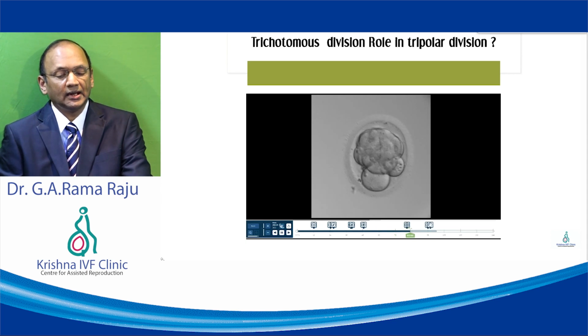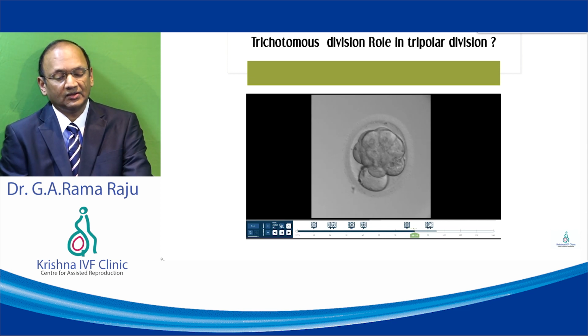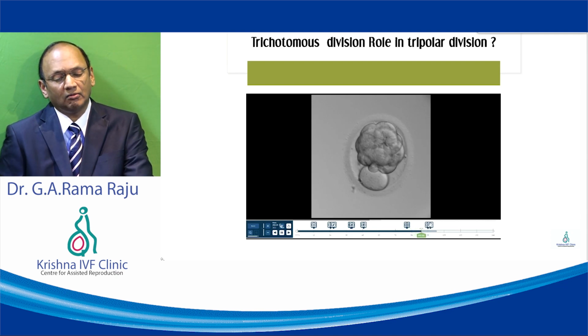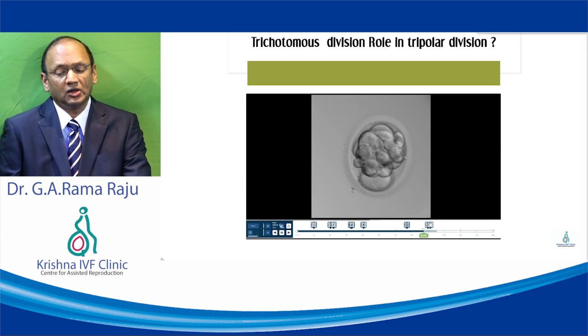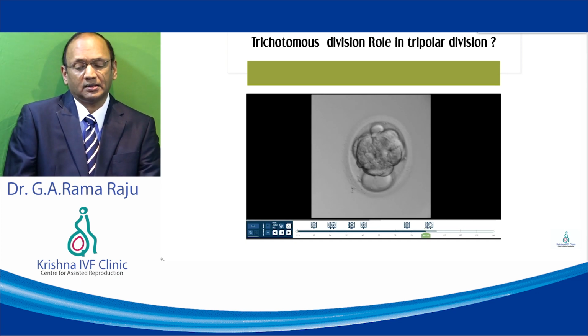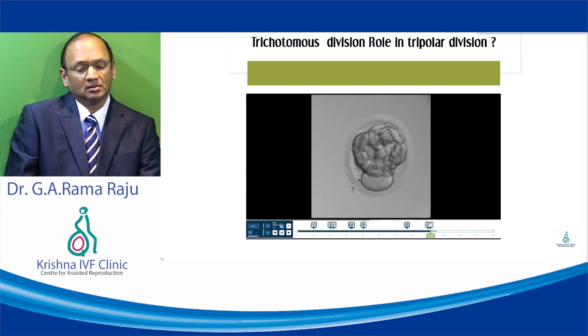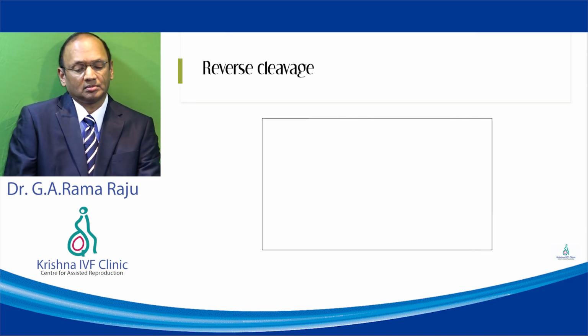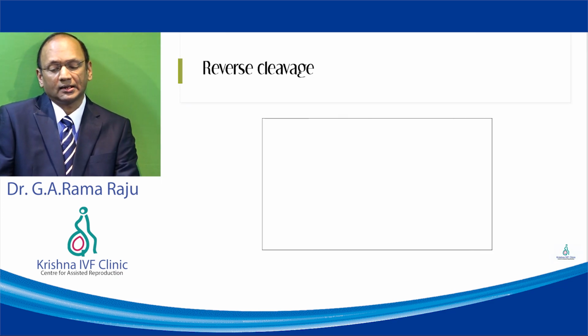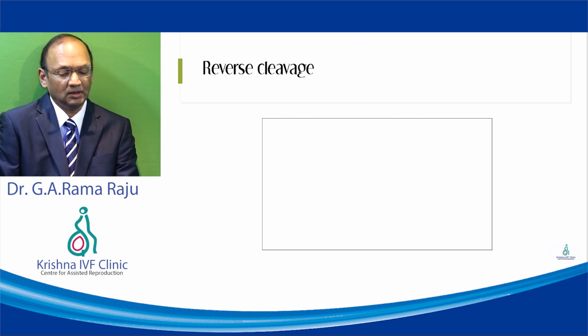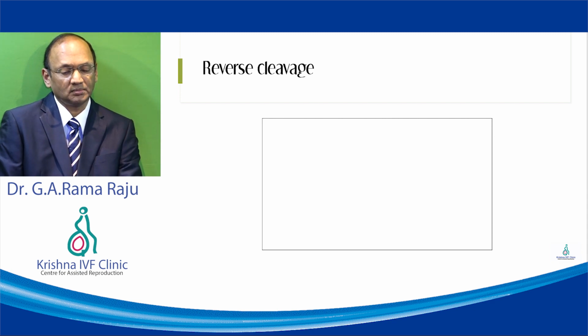At 80 to 90 hours it underwent compaction, but the extra cell remained in the same position. And if I have 2 normal embryos which are perfect, this embryo I would not transfer, but it will look like a beautiful blastocyst. So these are the events we are missing at this point of time.